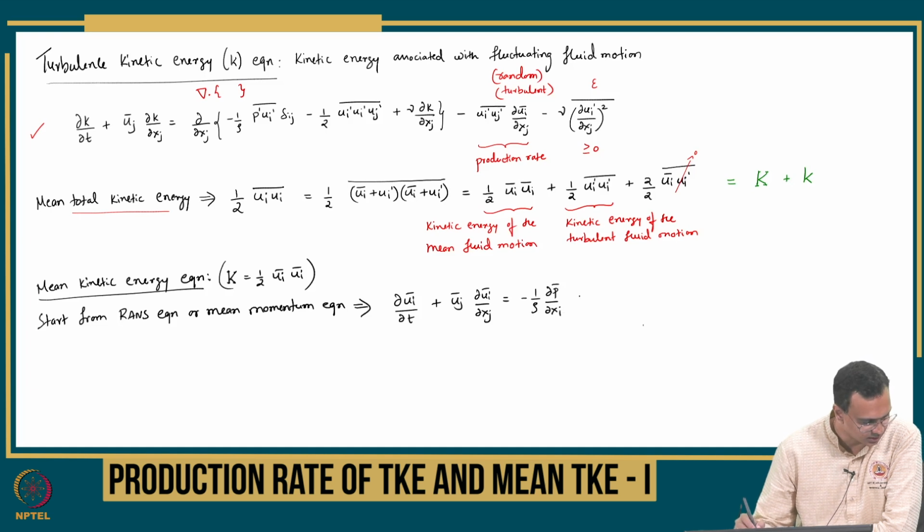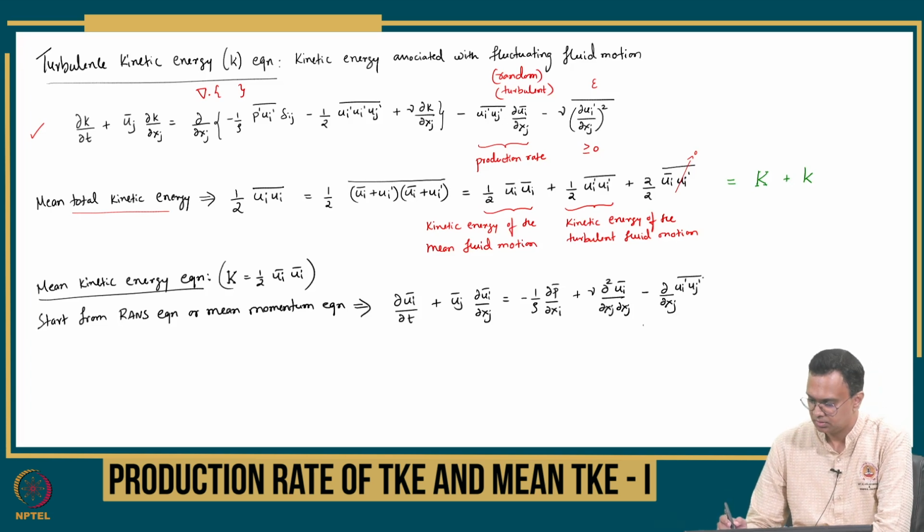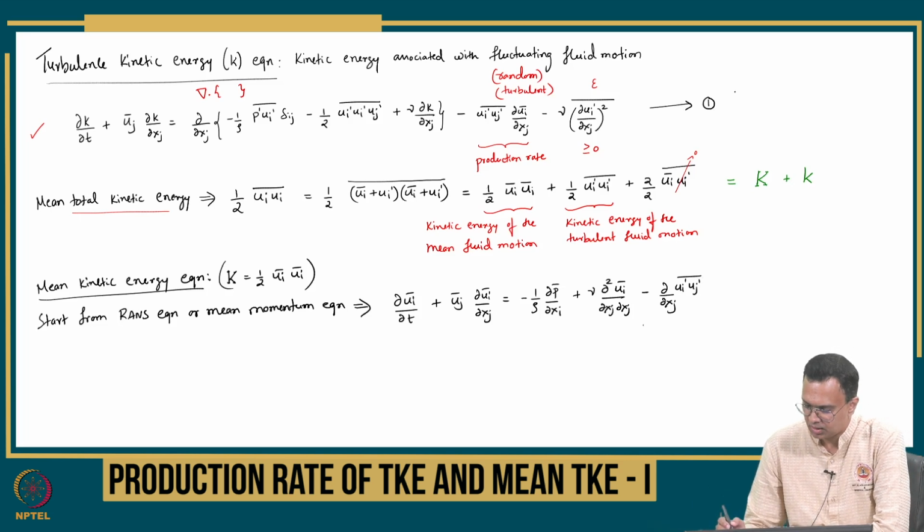This is the RANS equation that I am writing, plus I have nu dou square ui bar by dou xj square, and then minus dou by dou xj of your Reynolds stresses, ui prime uj prime bar. This is my equation here. Let's call this equation 1. So I have the RANS equation.